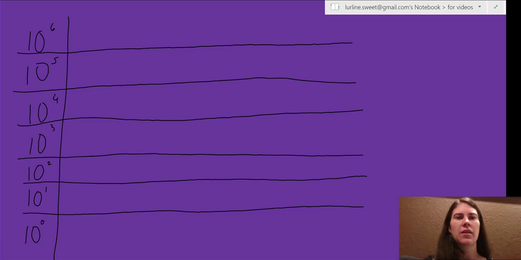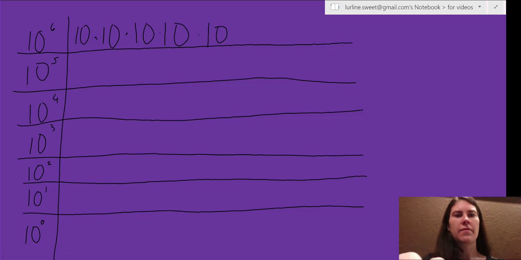All right, I'm going to start at the top of this chart. 10 to the 6th power means the base is 10, the base times itself 6 times. 1, 2, 3, 4, 5, 6 times. I could say this is 100.